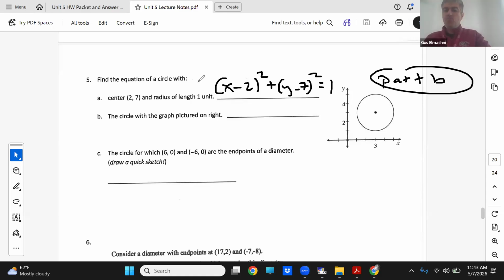Wait, what's in the circle? Oh, it's part B. That's not for part A. Yeah, now for part B, but we're cool with part A. For part B, what's your center? And how long is the radius? Count it. Just count it. 2. There we go.